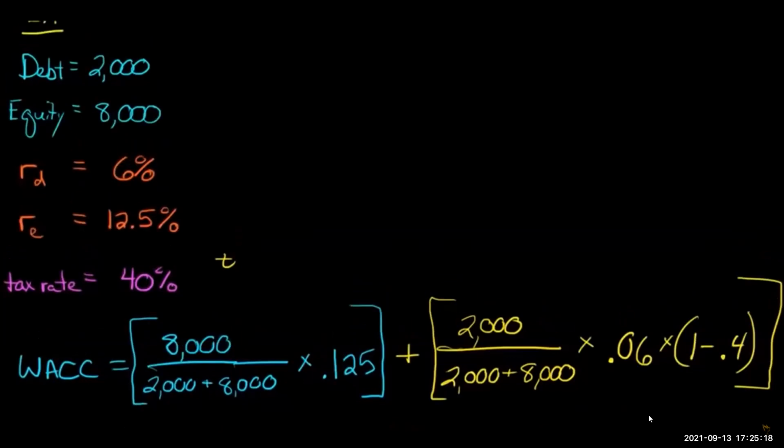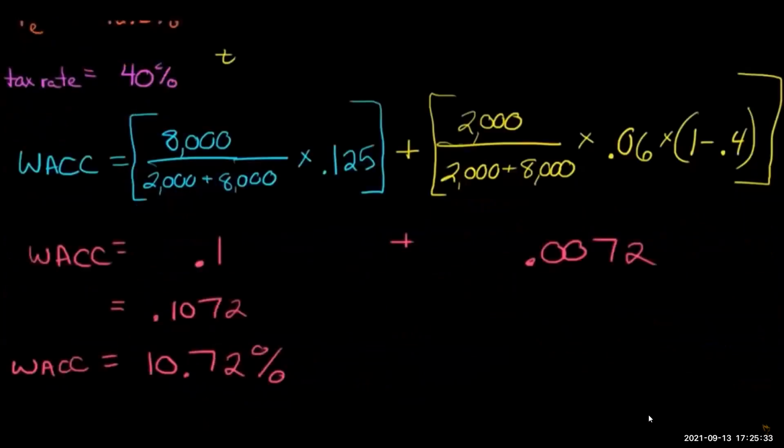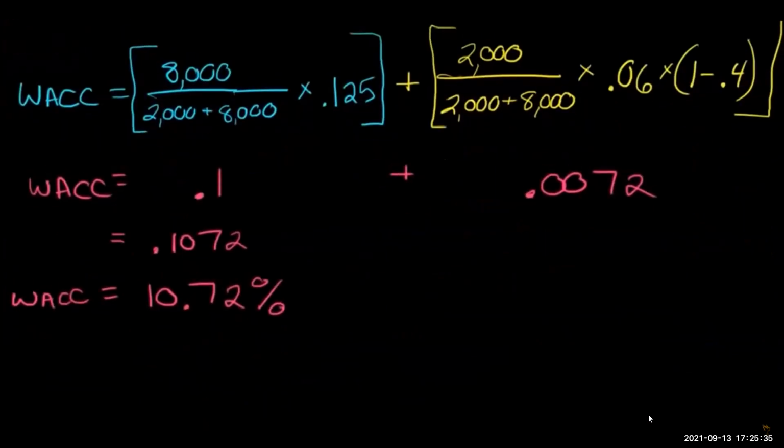But we're not taking just the average, because we recognize that different weights should be assigned here, since 80% of our firm is financed by equity. So more weight is given to the equity component of our cost of capital, and that's why we call it the weighted average cost of capital.